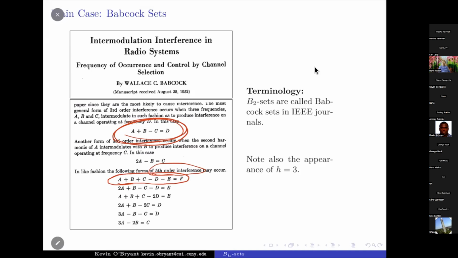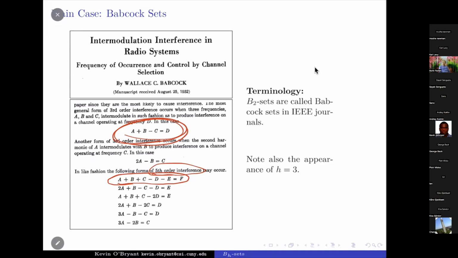You might ask, what about fourth order interference? Why is he skipping over that? The fourth order equations of this sort aren't translation invariant. And if you think about the frequencies, like FM radio stations, they're between like 85 and 104, 105.